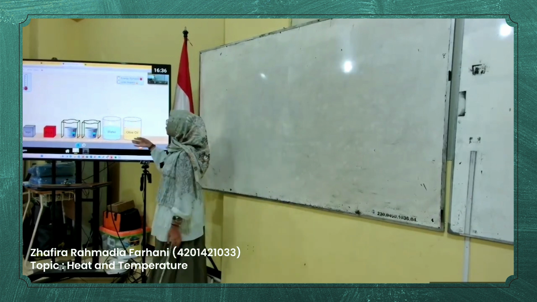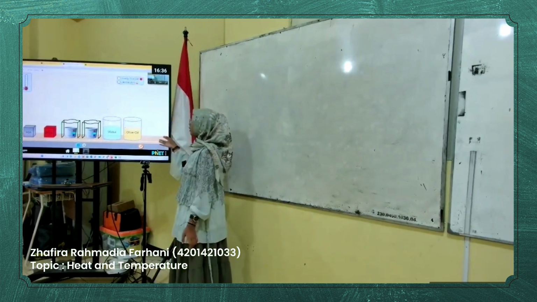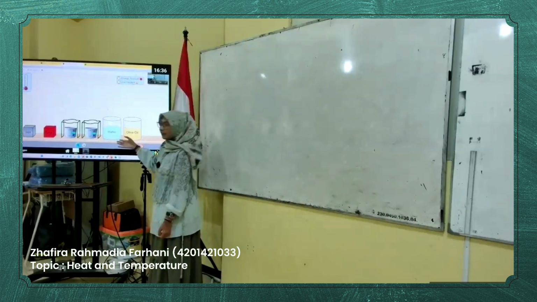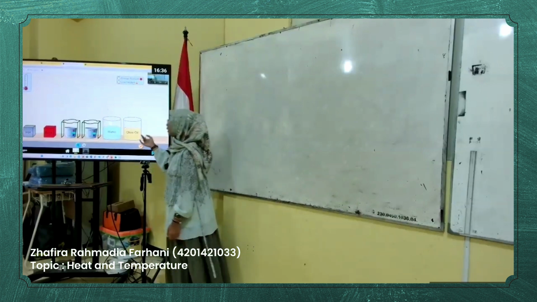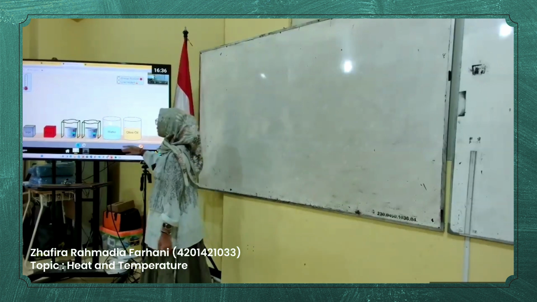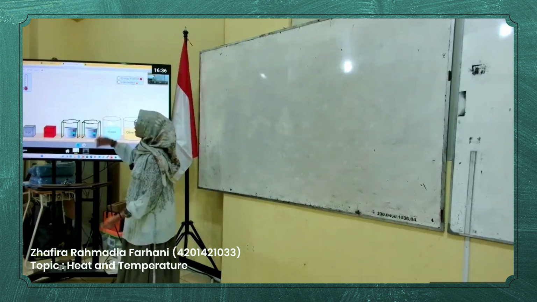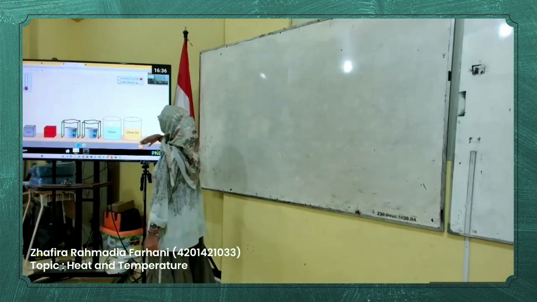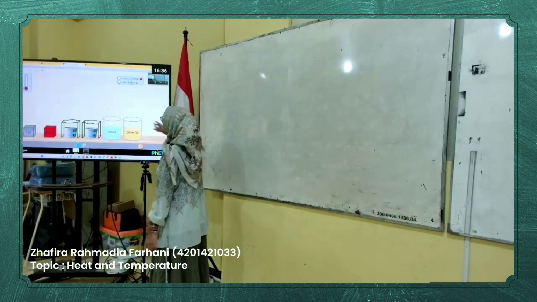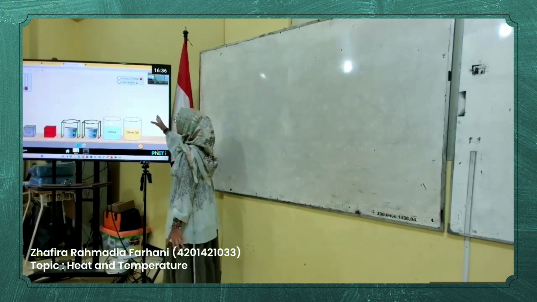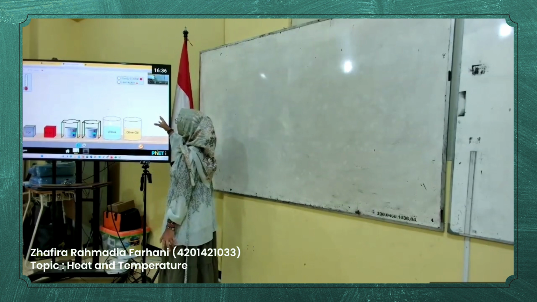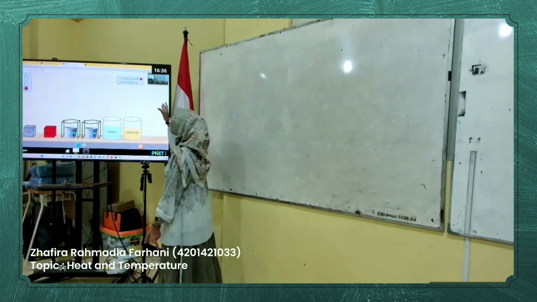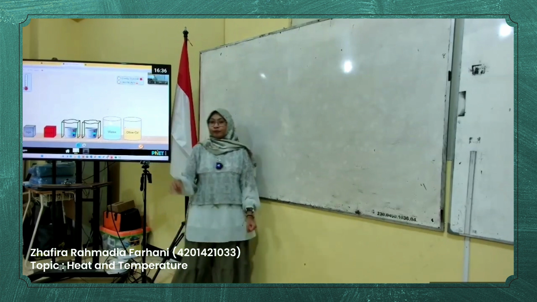I have two different liquids, and this is water, and this is olive oil. We have a heater, and we have a thermometer, and this is an energy symbol and link to the heater.